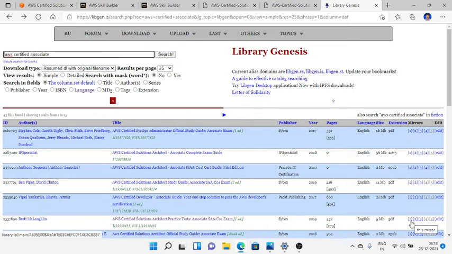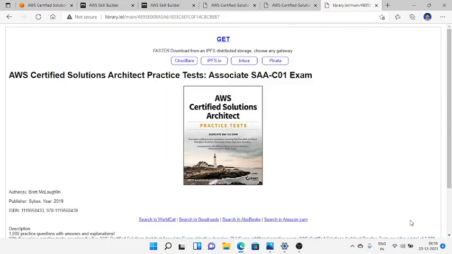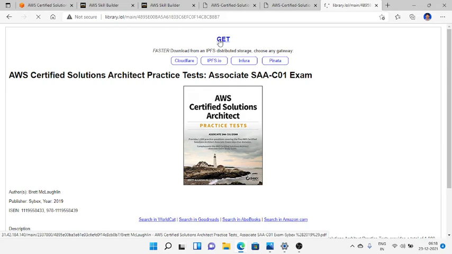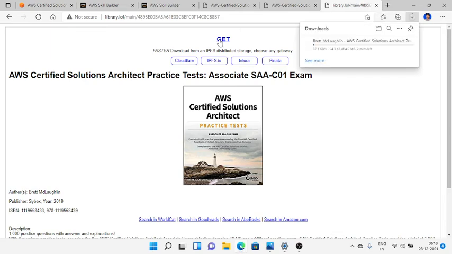Here mirrors are there. From mirrors you have to download it. I am going to the first mirror. Here, click on get. The download process has started.